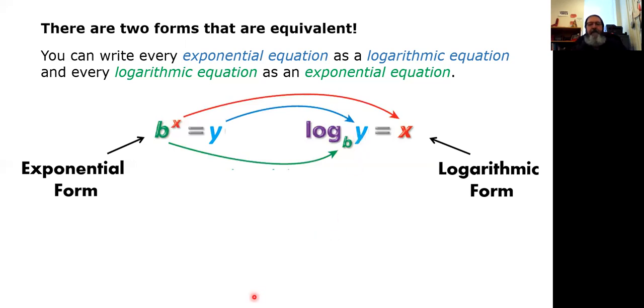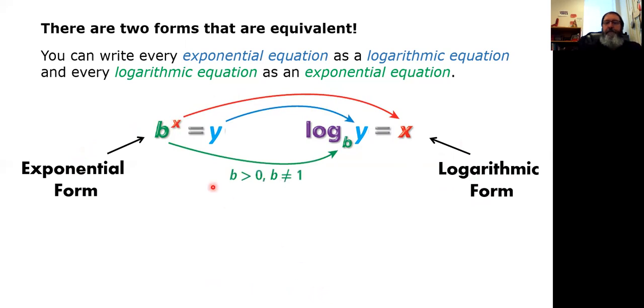So you should be able to take any exponential equation and rewrite it as a logarithmic equation. We're going to expect you to be able to do that. And you should be able to take any logarithmic equation and rewrite it as an exponential equation. I really should have put arrows on both ends of these, because they go both directions. You can start with an exponential form and rewrite it as a log form, or start with a log form and rewrite it as an exponential form.